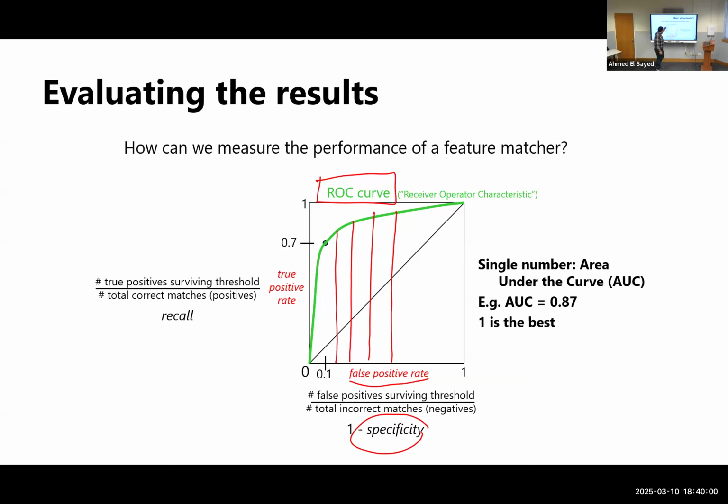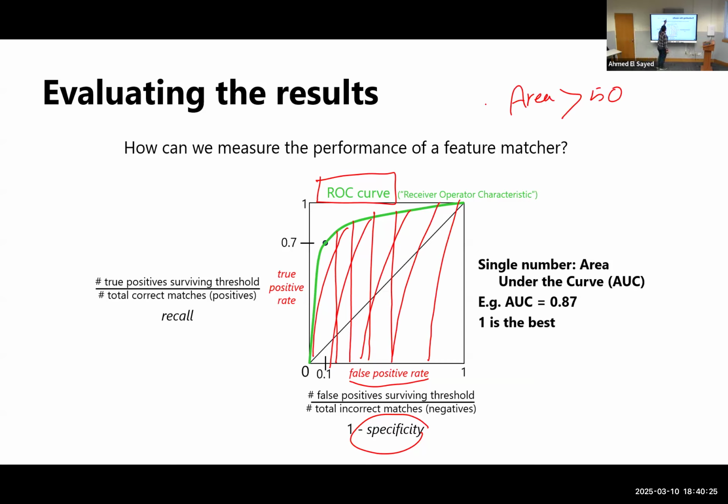Now, how can the ROC curve judge my matching technique, if it's good or bad? Simply, I can measure the area under the curve for the ROC, and this area can give me an indication if I have a good match or a bad match. If the area under the curve is bigger than 50%, then you have a good match.